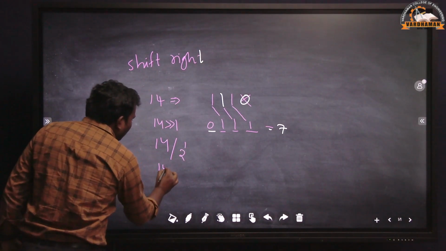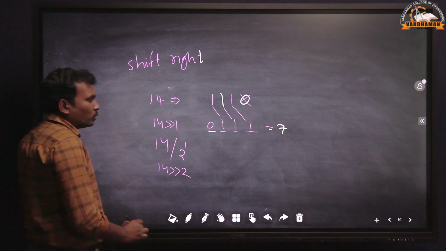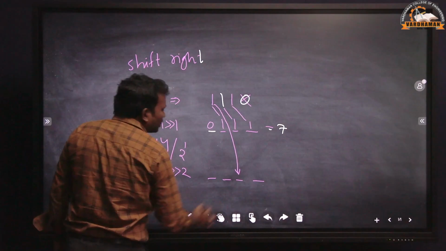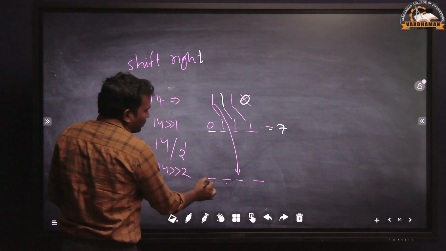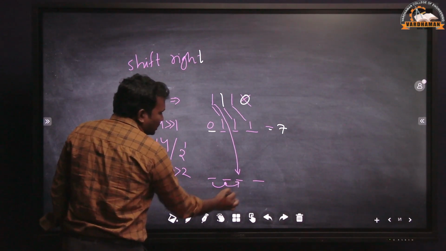Now further if I right shift by one more position, so 14 right shift 2 times. This is the initial position, this is the first shift, and from here the second shift.